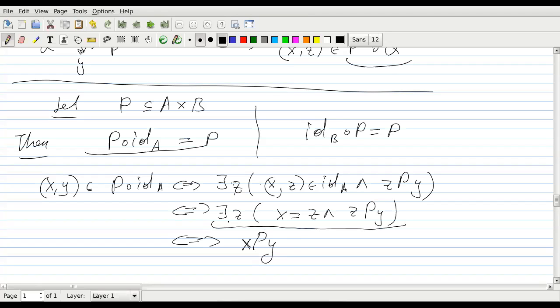Indeed, if it is so, then you see that Z equals X. So ZPY means XPY. Equal sets behave identically. And for the other direction, if XPY, what may you take for that?